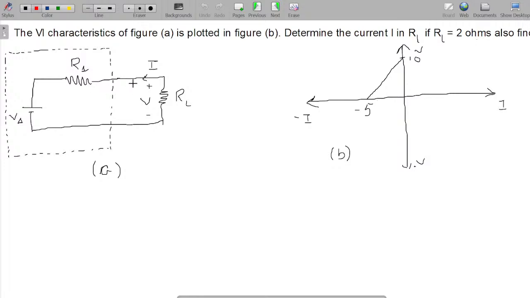See, we need to understand what is the current I. Remember the direction of the current, which is already provided in the question this way, right, and we are given the characteristics, right. Now RL is given in the question to be 2 ohm, right.